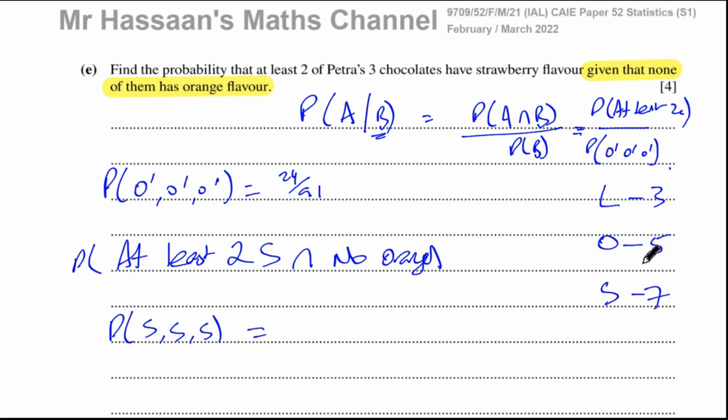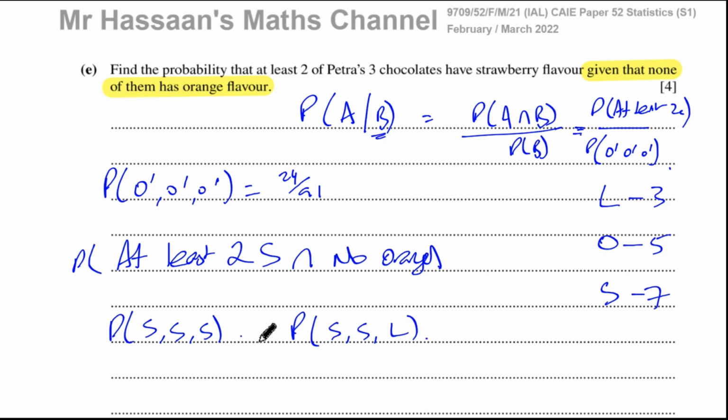Now we've got to consider the case where we're not considering any of the oranges. So we have all 3 strawberries, plus the probability that we have 2 strawberries and 1 lemon. No orange. Our sample space doesn't include oranges anymore.